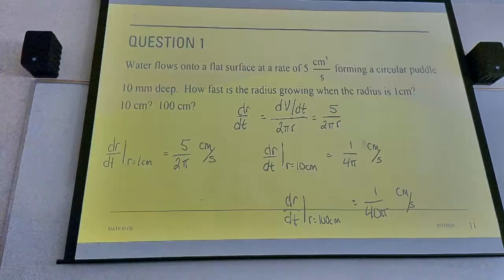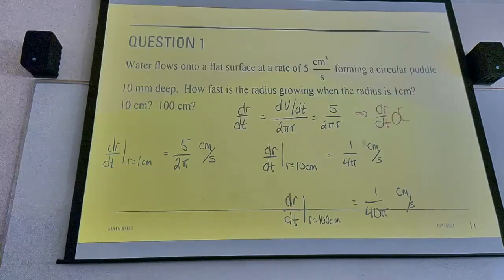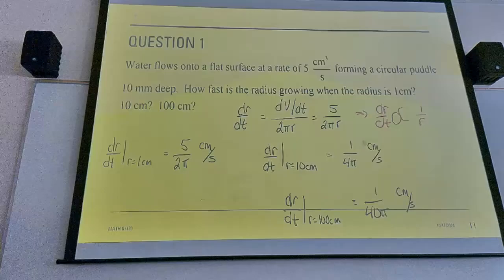As the radius gets larger, what's happening to the rate at which the radius grows? It's decreasing. Specifically, if you actually look at this, it's proportional to just 1 over r. 5 over 2 pi is a constant.